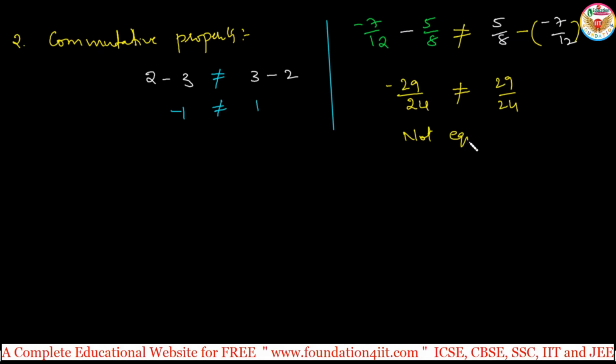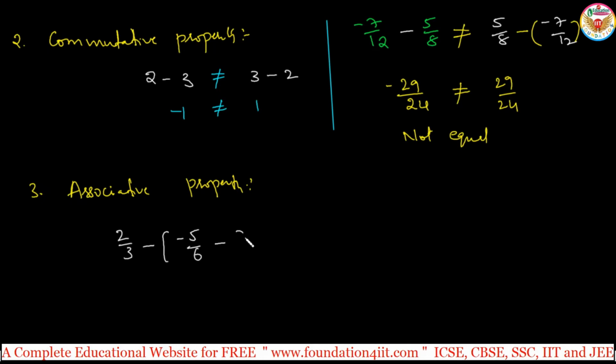Similarly, the associative property also does not hold. When we come to the associative property with three numbers, take an example: 2 by 3 minus of minus 5 by 6 minus 7 by 12.